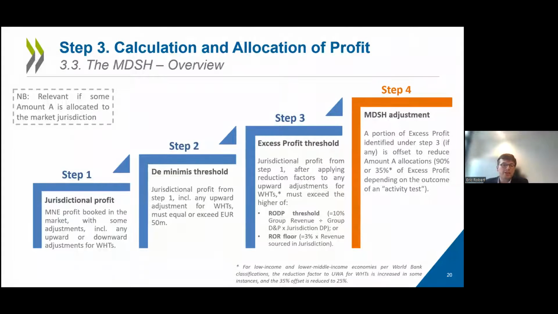And that's a scenario you can see when, for example, for certain marketing and distribution activities where the local presence that is needed to support the local sales is extremely small and gives rise, therefore, to very small depreciation and payroll. In those cases, you could see that RR metric, this floor, kicking in because it may be higher than the primary RDP metric.